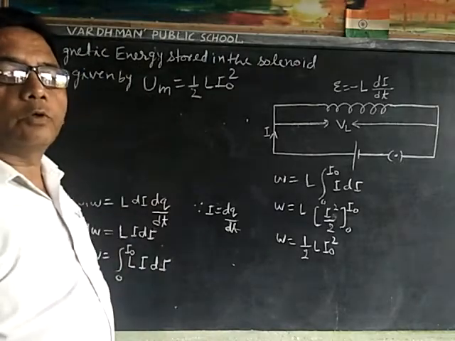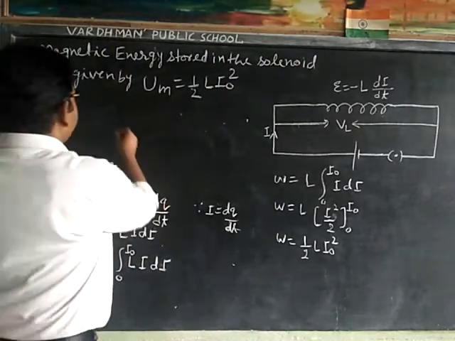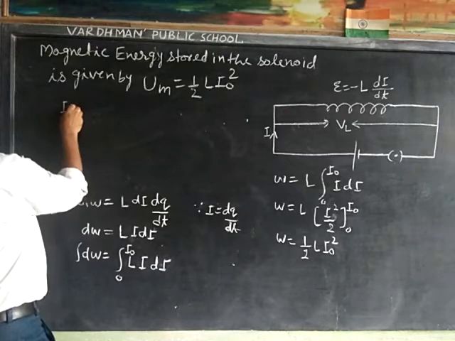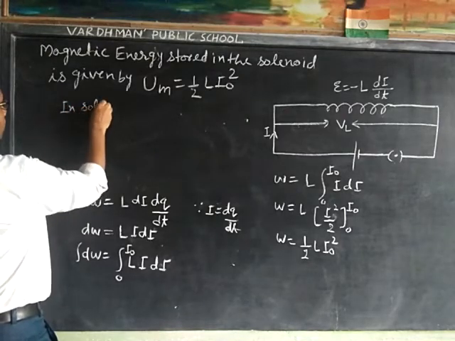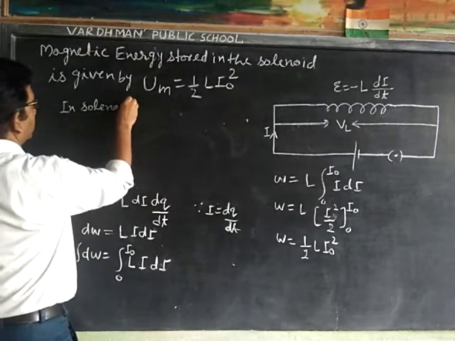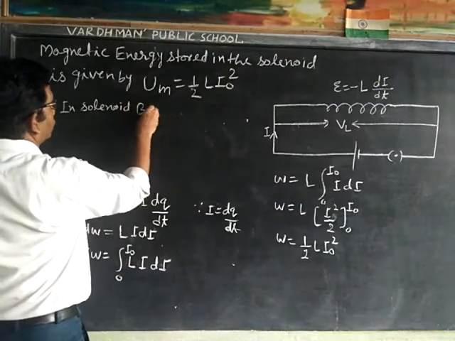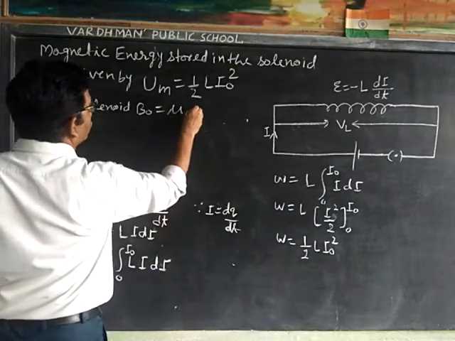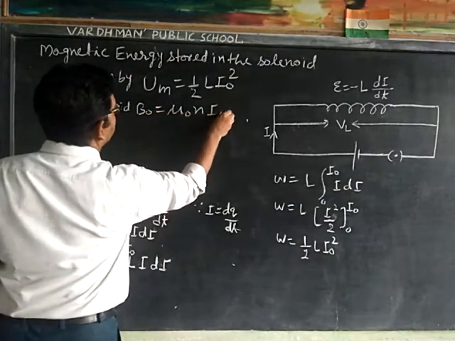But we know in a solenoid, B0 is equal to mu 0 n I0.